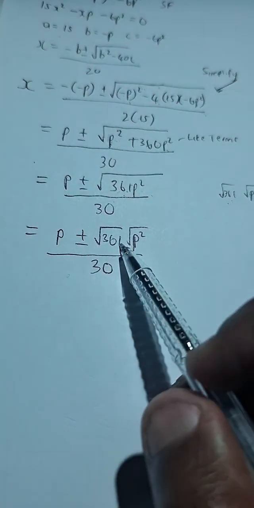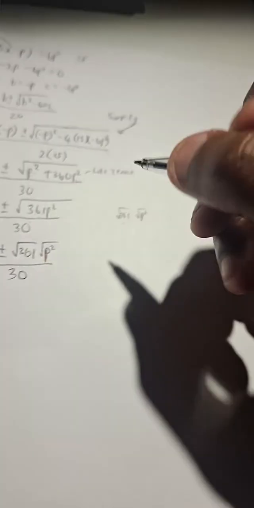Okay, do you see that, guys? So that means p plus minus the square root of 361 times the square root of p squared. I am applying my third multiplication law, because the third multiplication law says the square root of a times b is equal to the square root of a times the square root of b.